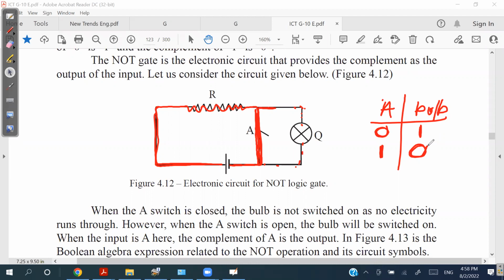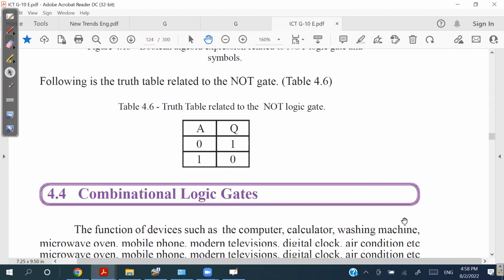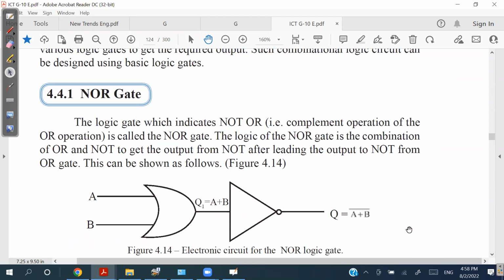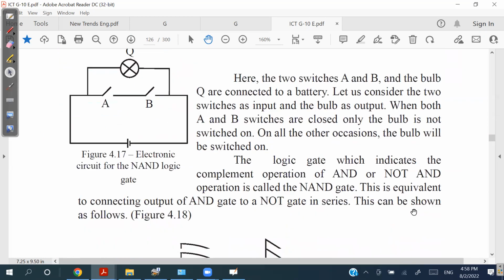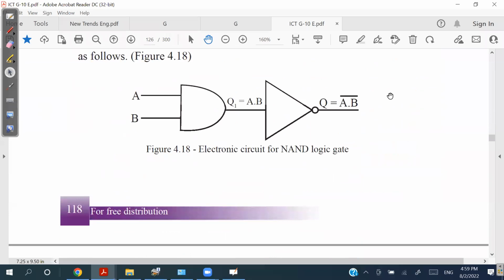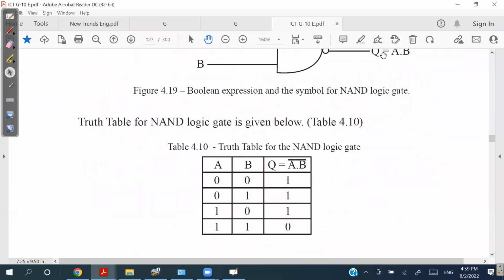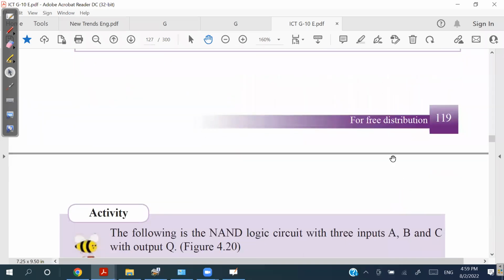Right. So that is how the three gates are illustrated. If we go down, the NOR circuit as well as the NAND circuit are introduced to you. We have done up to this point, people.